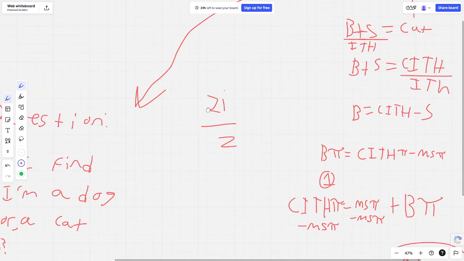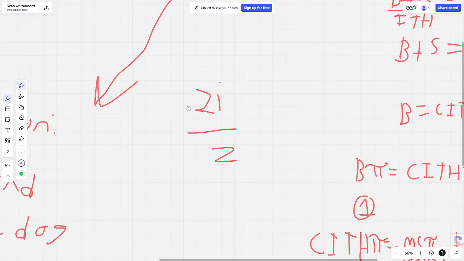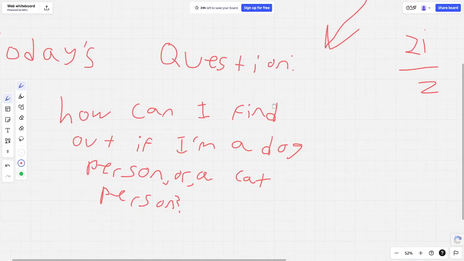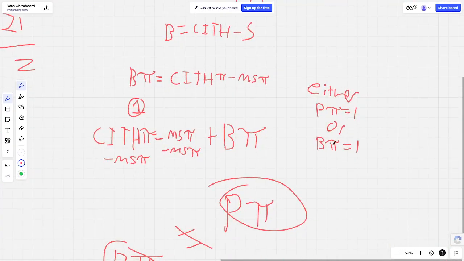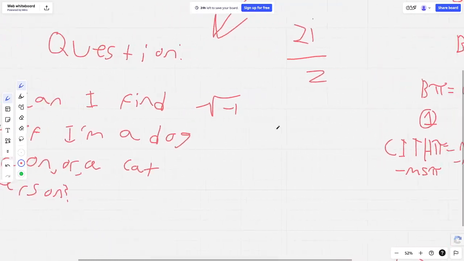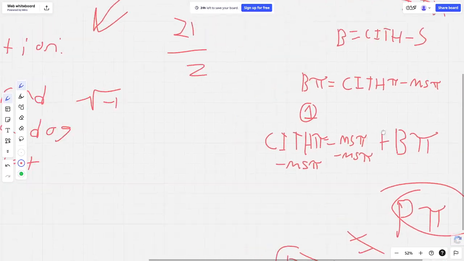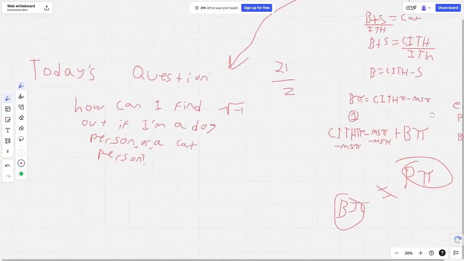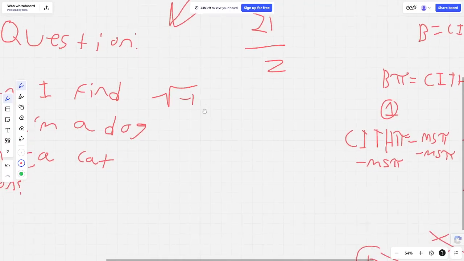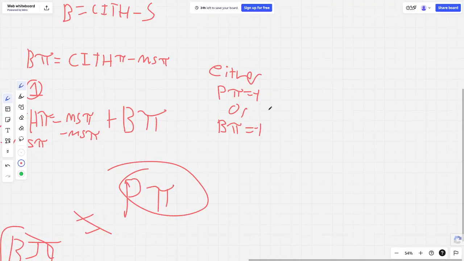Anyway. So obviously, let's go back to I. So we know that I is the square root of -1, and we know that either b pi or p pi is -1. Or no, it would be 1. Okay, so I lied. Actually, these are negative. Yeah. So actually, true.